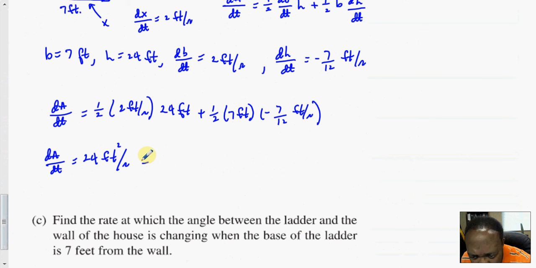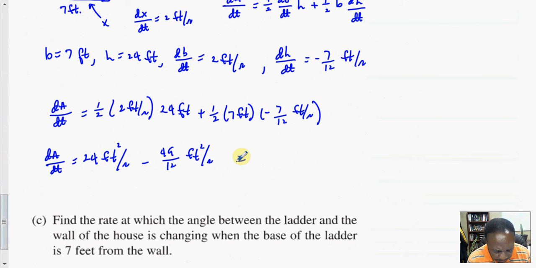And then this is minus, here this is negative 49 twelfths feet squared per second. And then on your calculator, calculate that.